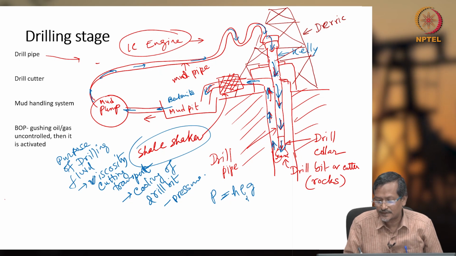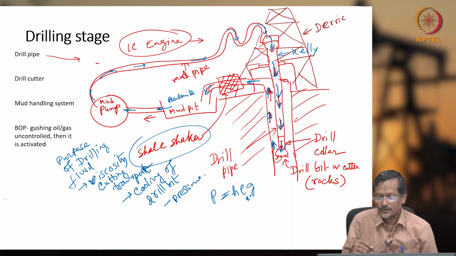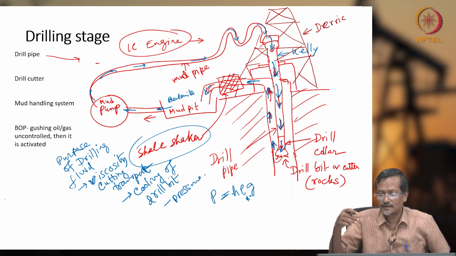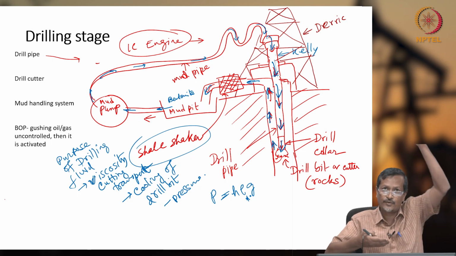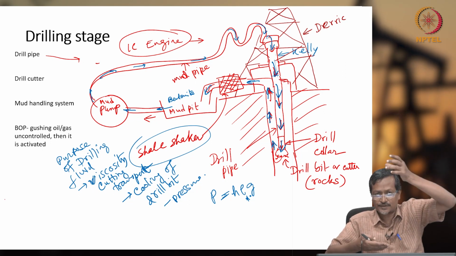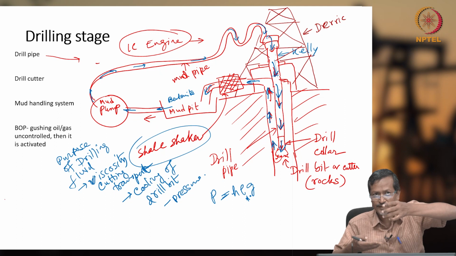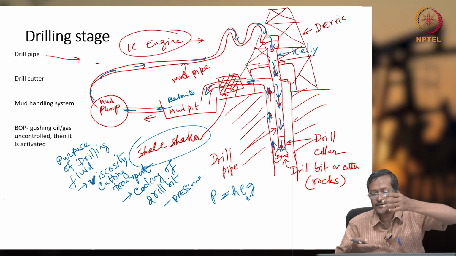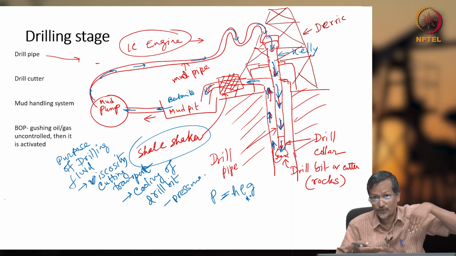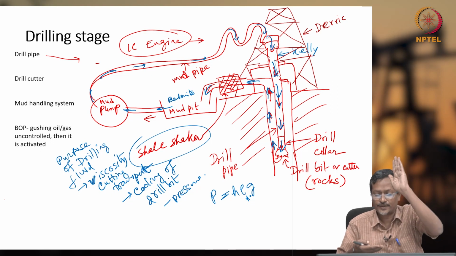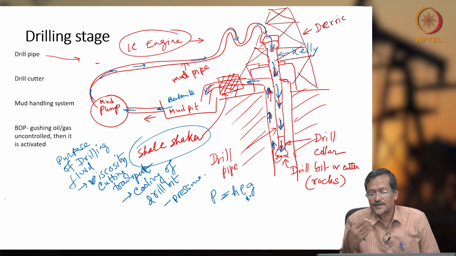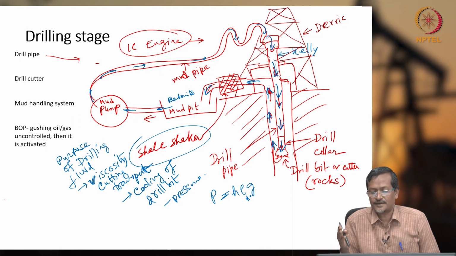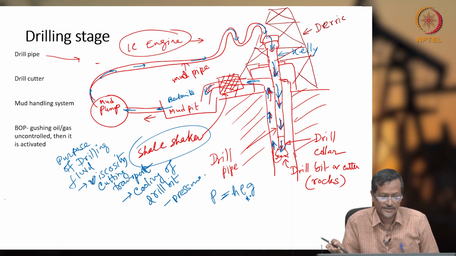If you increase rho, the pressure in the drilled hole will be very high. So even if reservoir pressure is very high, the drilling fluid pressure will be much higher, and the reservoir fluid will not enter the wellbore. When it is not entering the wellbore, the system will be safe. But in certain cases, if pressure is so high that you still cannot control it, there is another mechanism called a blowout preventer. I'll discuss that later.